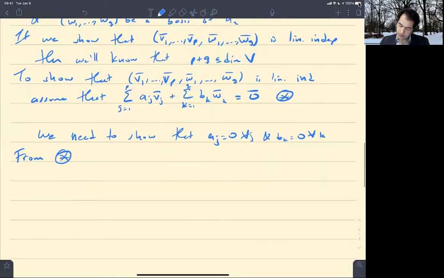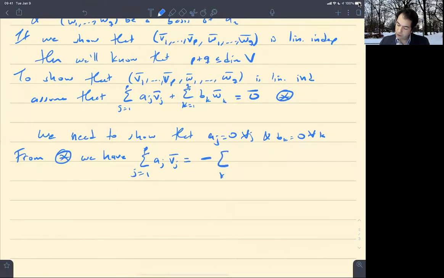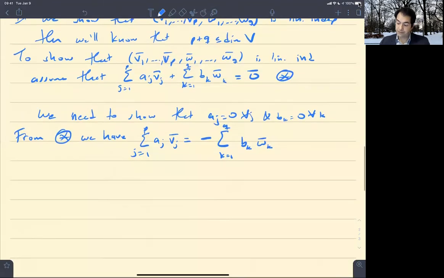From star, I can write the sum of the AJ VJs is equal to minus the sum, K goes from 1 to Q, of BK WK. Okay, now this is obviously in U1, and this is obviously in U2, as we said. But if a vector in U1 is equal to a vector in U2, then this vector is also in U2, and this vector is also in U1.